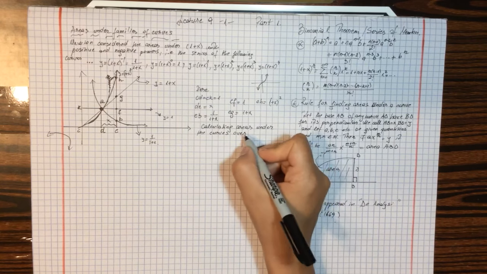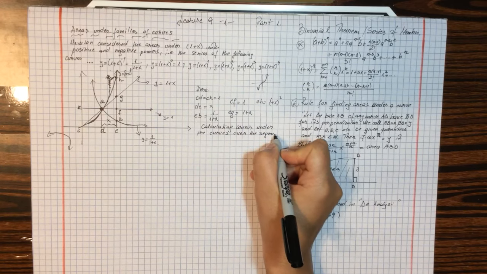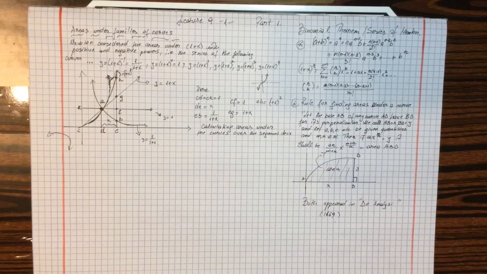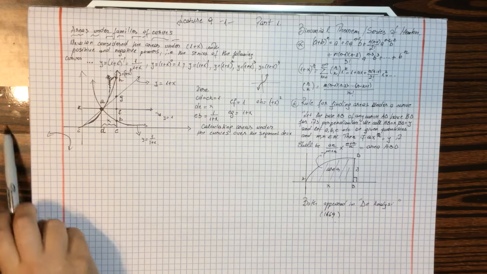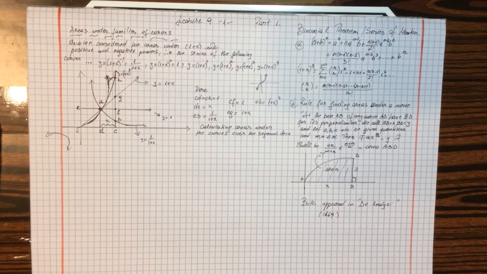That's what we're interested in. Over the segment DE equals x. So probably I should just color code it a little bit.